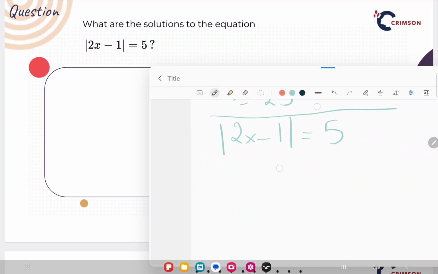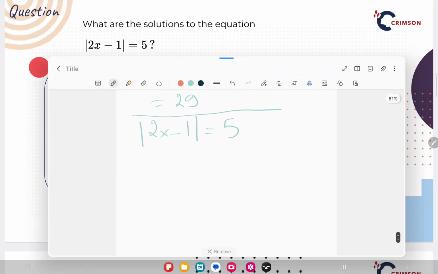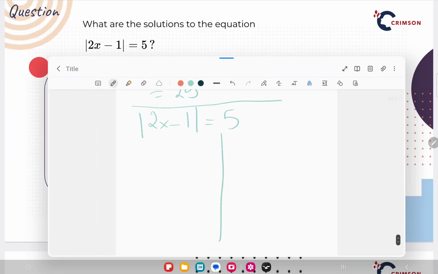I have two scenarios over here. Now, either you put 2x minus 1 absolute value is equals to, so if positive, we're going to go for if positive and if negative. 2x minus 1 absolute value equals to 5.